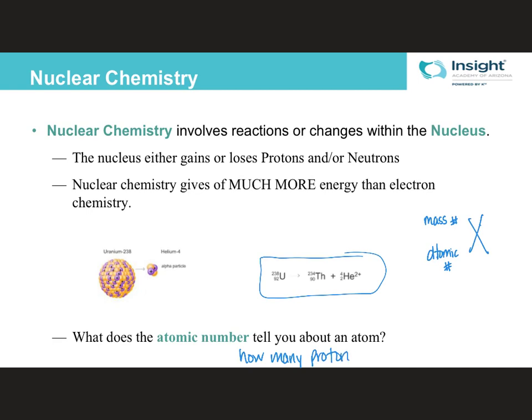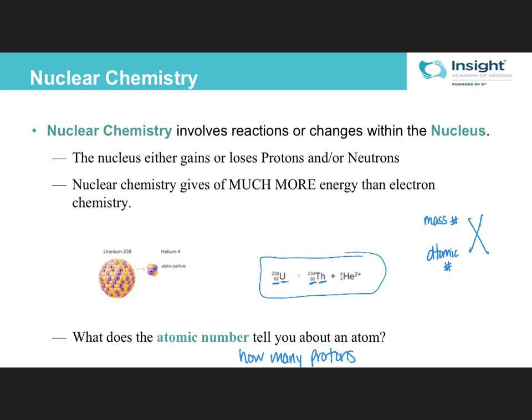This is also a unique identifying number: each element can only have one atomic number. So if you change the number of protons, you actually change the element. You turn it into something else. You can see that happening in this reaction. We had an atomic number of 92 in uranium, and afterwards, atomic number is 90, so now it's not uranium anymore, it's thorium.